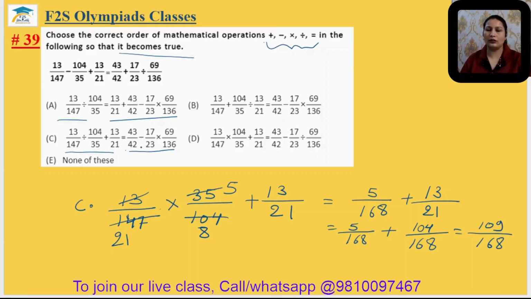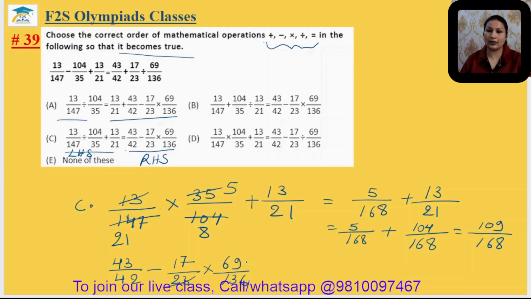Now check the RHS side. This is your right hand side. This is your left hand side. Okay? Right hand side, this is your 43 by 42 minus 17 by 23 multiply by 69 upon 136.